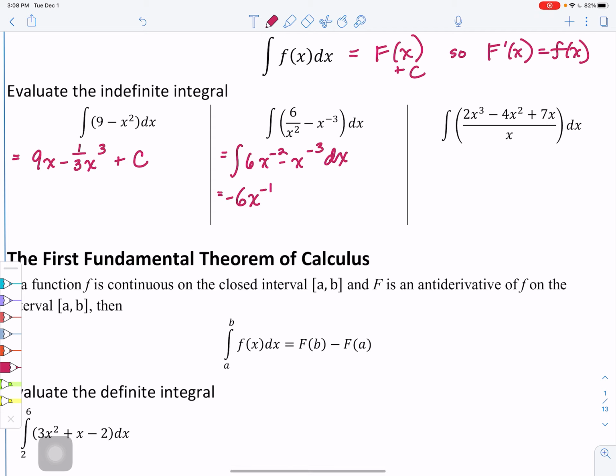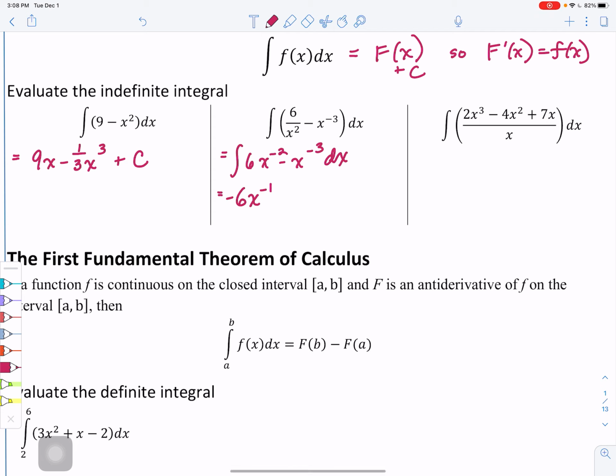So now remember, I'm plugging that 5 in first. Let's go ahead: 4 times 5 minus 3 times 5 squared. All of that is the antiderivative evaluated at 5, minus 4 times -2 minus 3 times -2 squared.